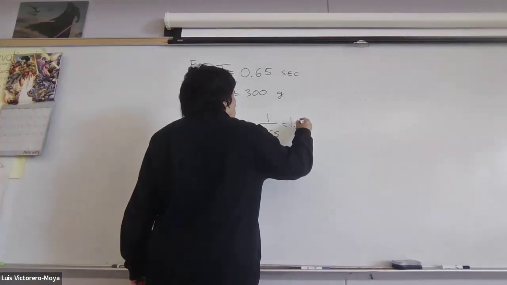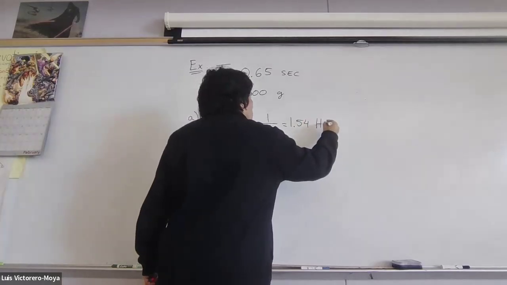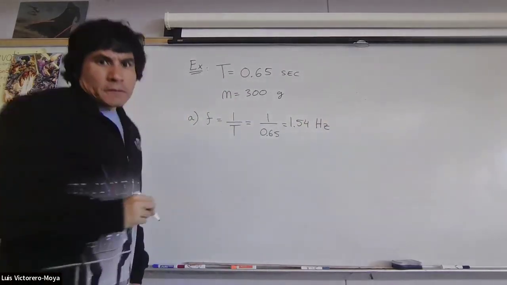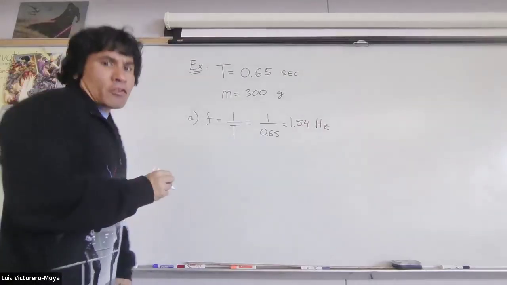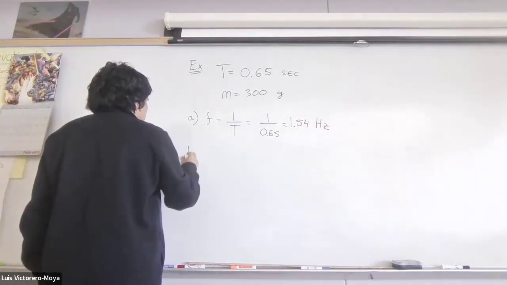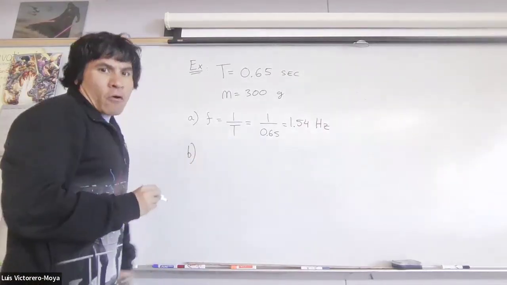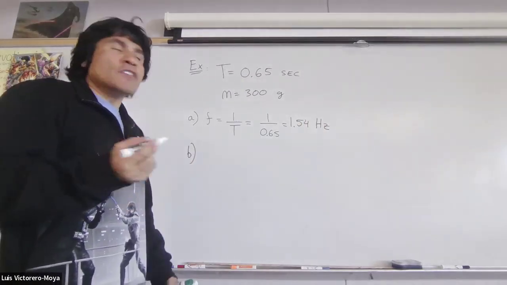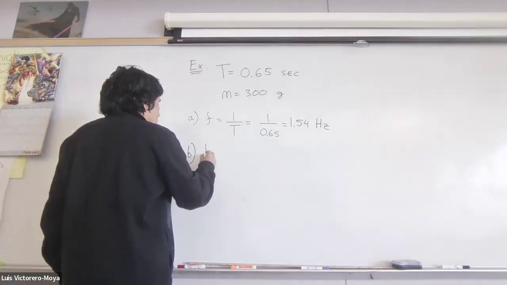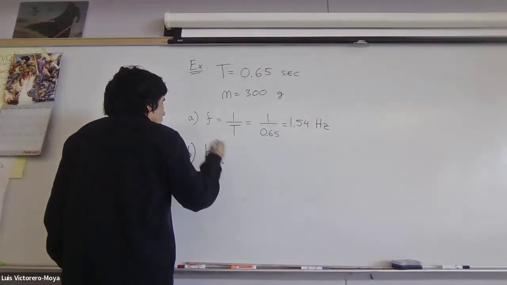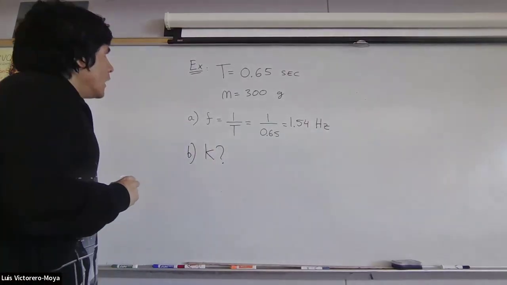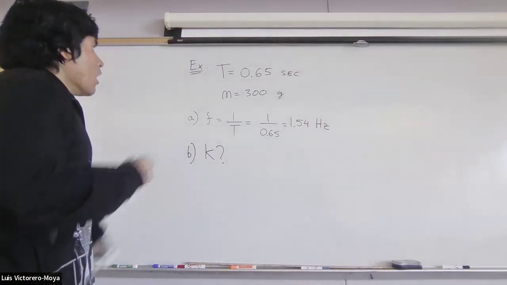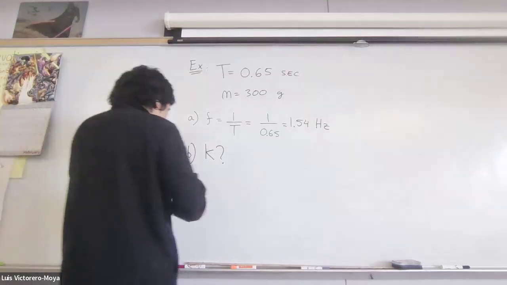That's 1.54 hertz. Find the force constant of the spring. The force constant is basically the constant k. How do I find k? From the equation of the period that I just gave you.